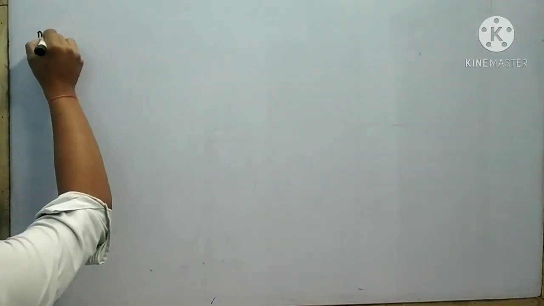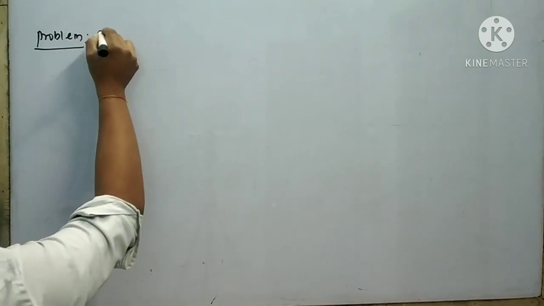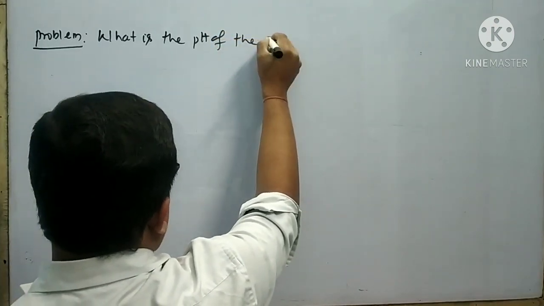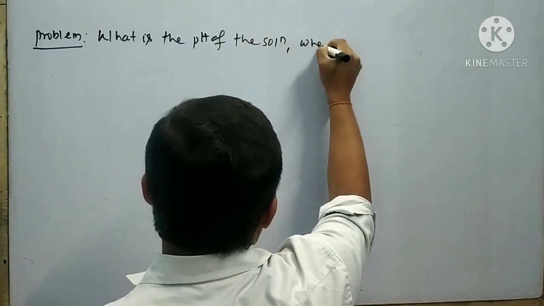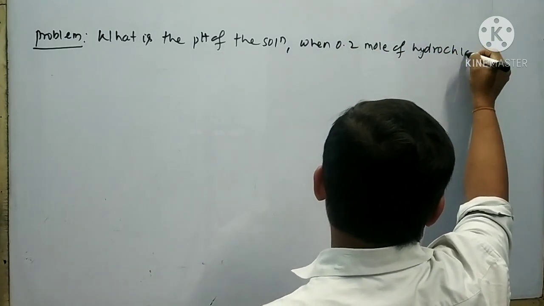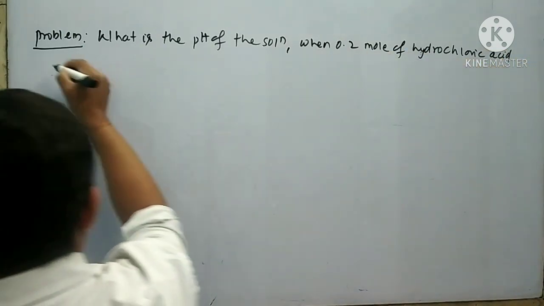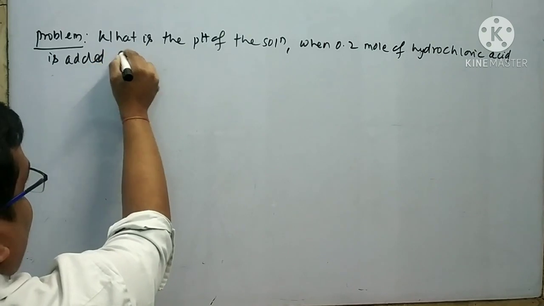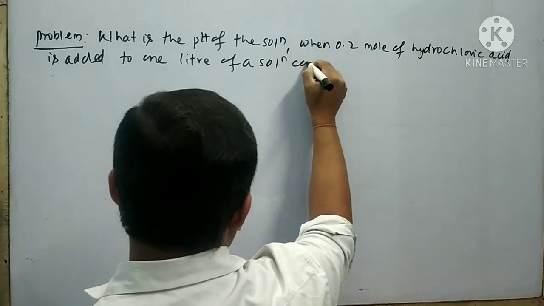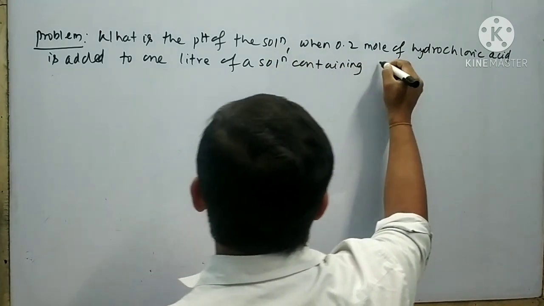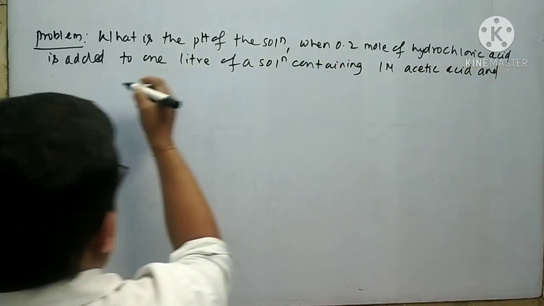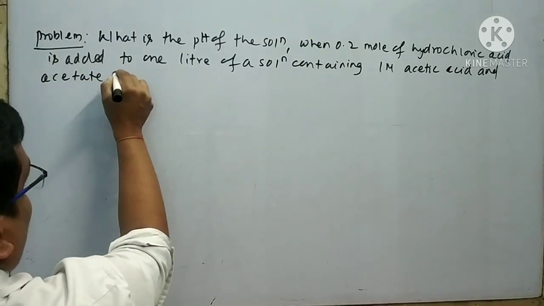Now I want to do a problem related to the Henderson equation. What is the pH of the solution when 0.2 mole of hydrochloric acid is added to 1 liter of a solution containing 1 M acetic acid and acetate ion?